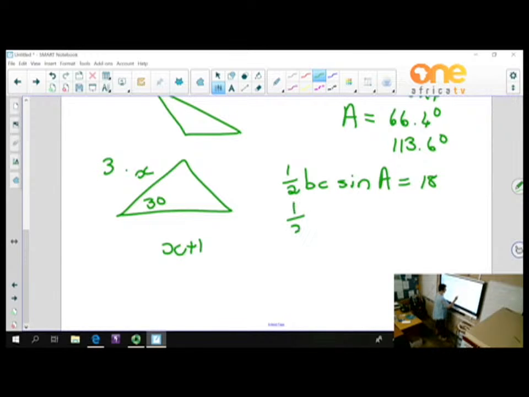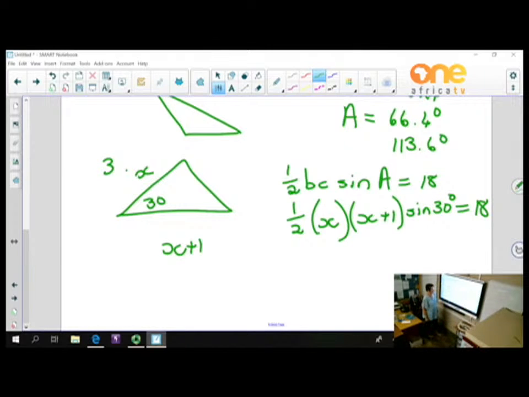So a half, just going to work with algebra, x plus 1 sine 30 degrees is equal to 18. Okay, we need to find x now.